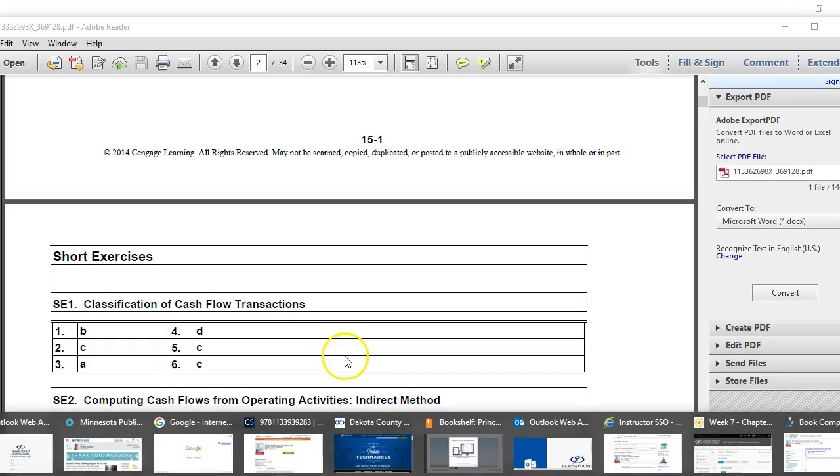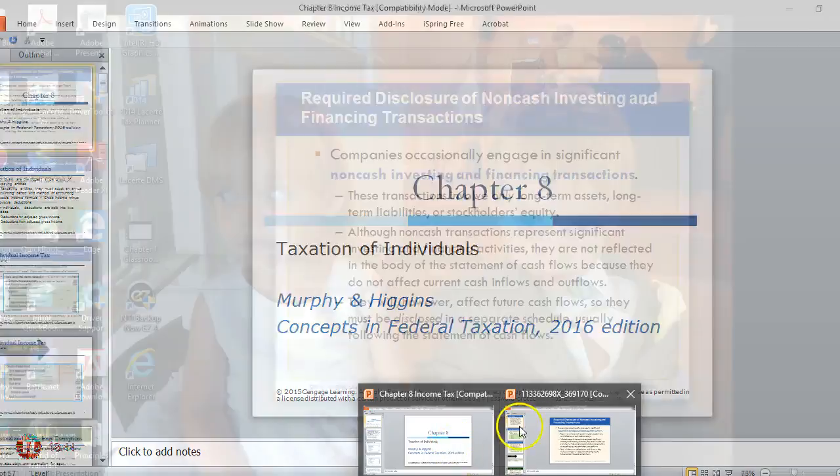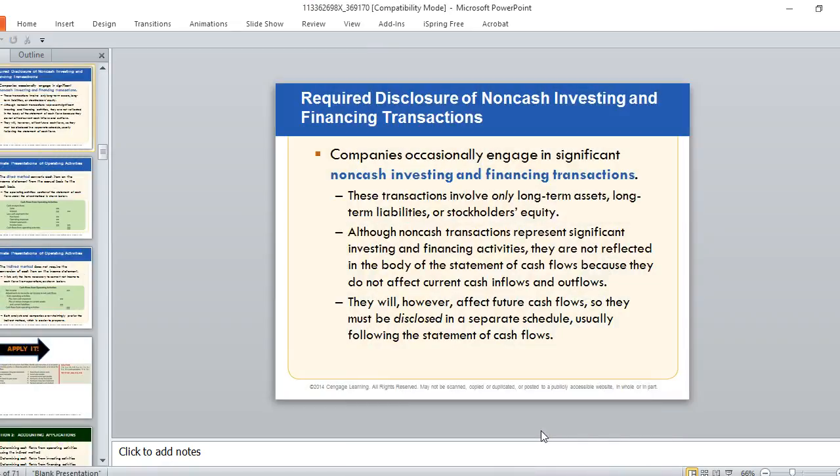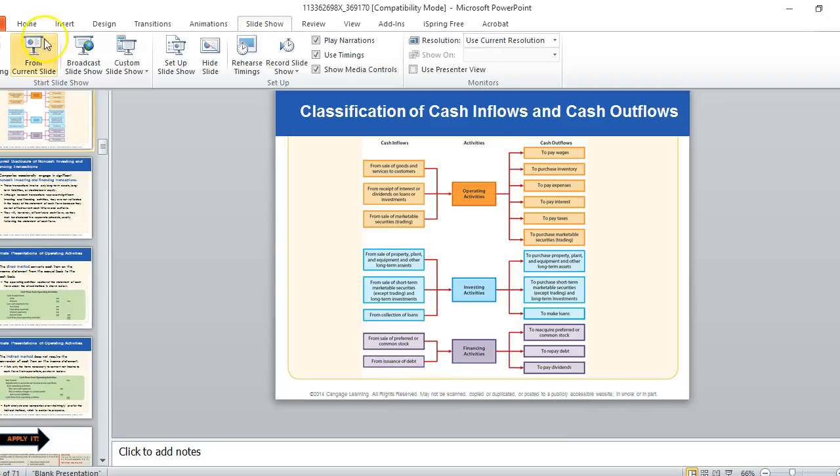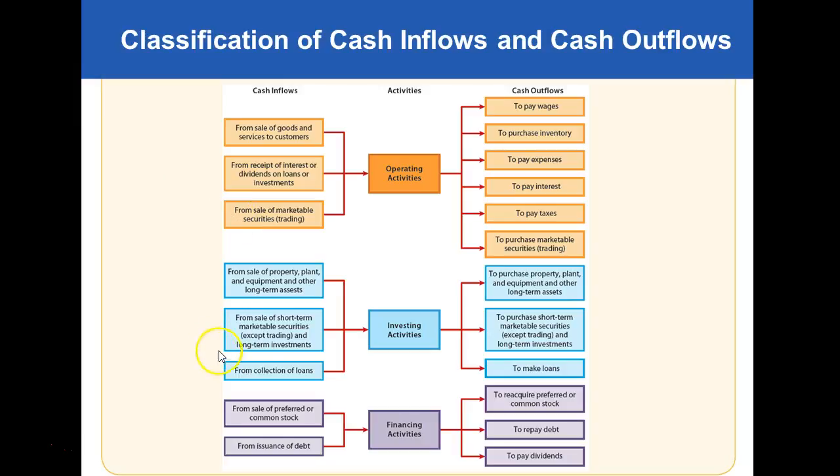If you go back and we look at our PowerPoint slide, we receive money from issuing debt, and we have outflows of money from paying debt. So a bank loan is basically debt. Make sense? Down here it's financing from the issuance of debt. Financing.